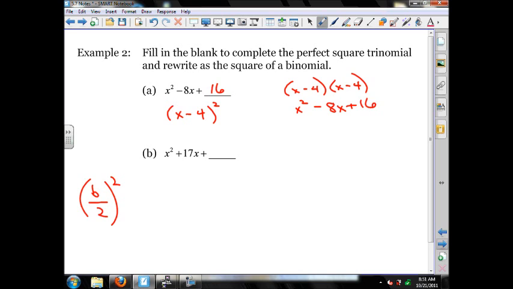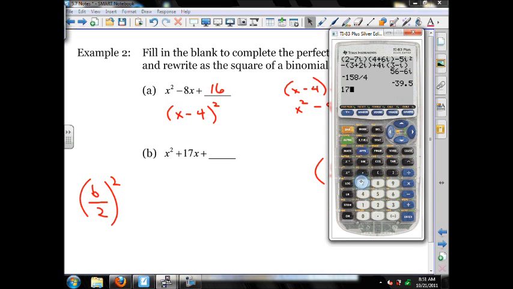So part B, x squared plus 17x plus what? So we would do 17 divided by 2 squared. I don't know what 17 squared is. 289.